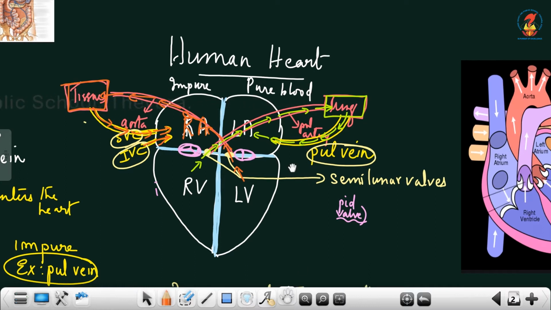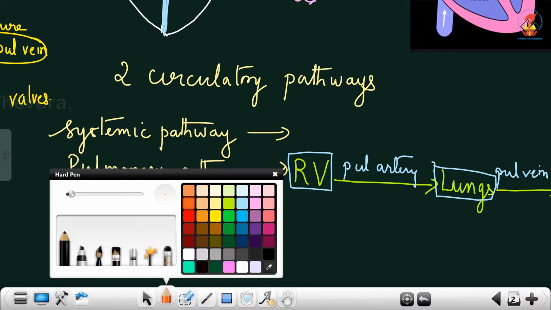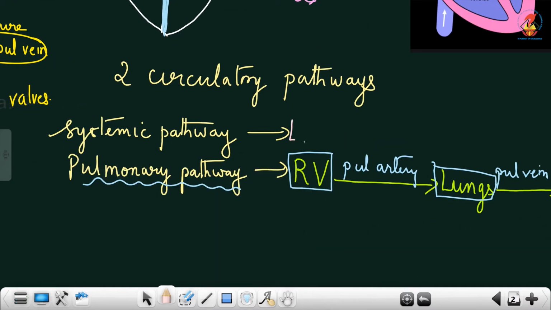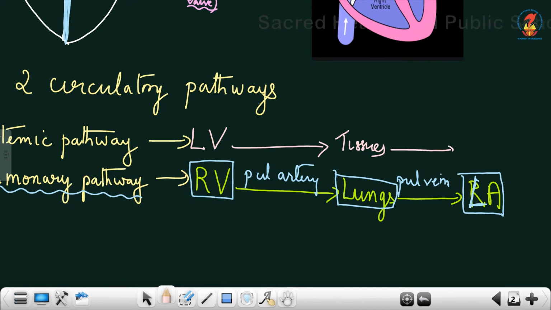So I am going to depict that in a schematic form. From the left ventricle, the blood goes to the different tissues. From the tissues, it goes back to the right atrium.